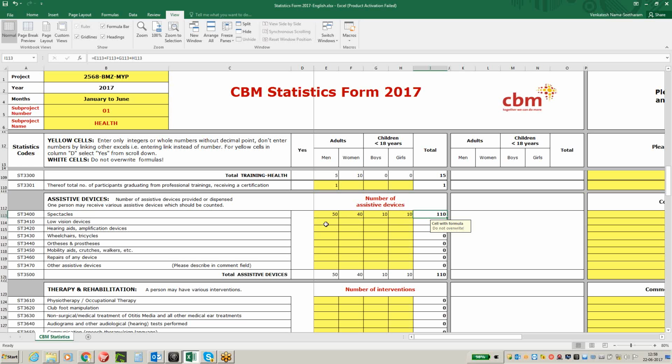It doesn't matter whether a person is receiving a spectacle as well as a hearing aid, or receiving 2 hearing aids. Here only the assistive device, as a device, is counted.